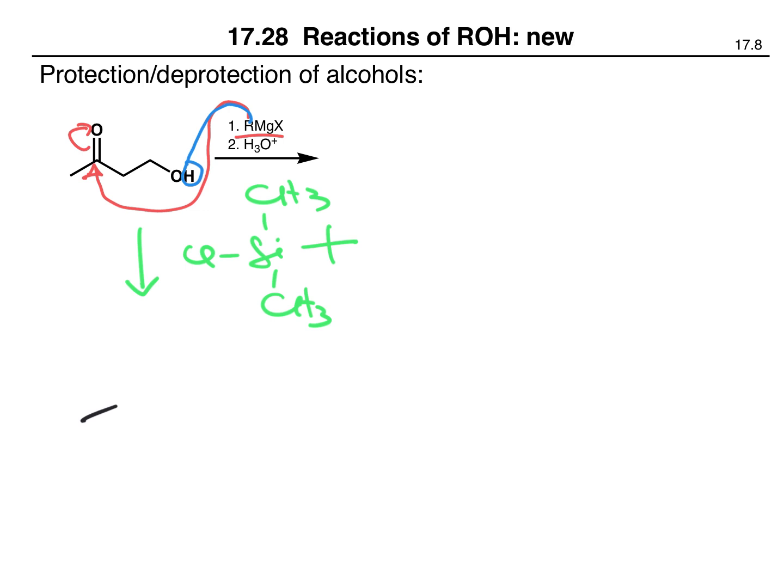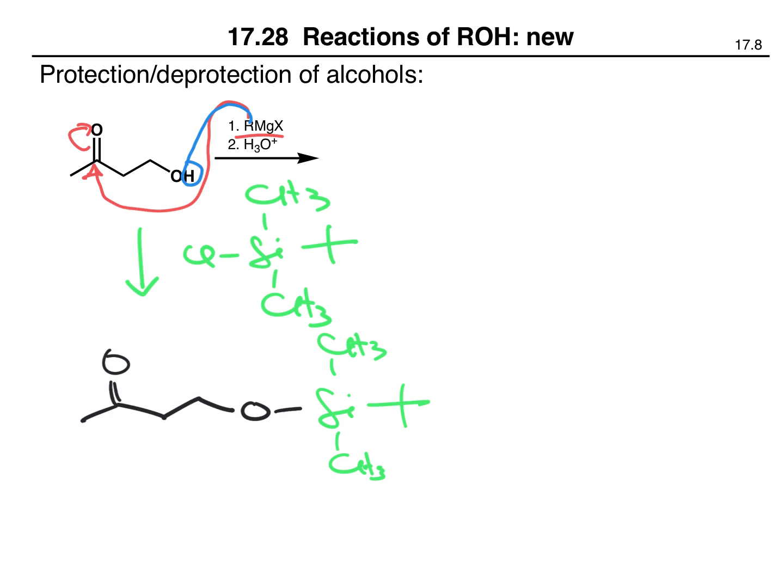So our oxygen is now connected to the silicon, which is connected to the methyl group and the T-butyl group. So now we have converted our alcohol into an ether. Okay, it's a silyl ether, but it's still an ether.